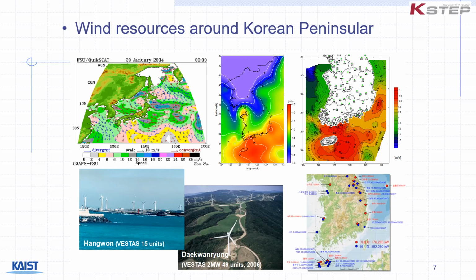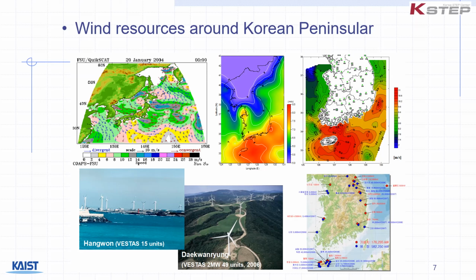So you see that around Jeju Island in the south of the peninsula and the southeast corner of the Korean peninsula near Busan or Ulsan has higher wind energy. Okay? So that is the place where we can do a wind power system.